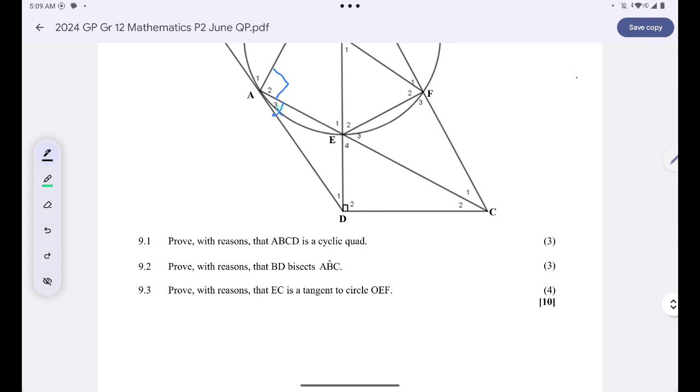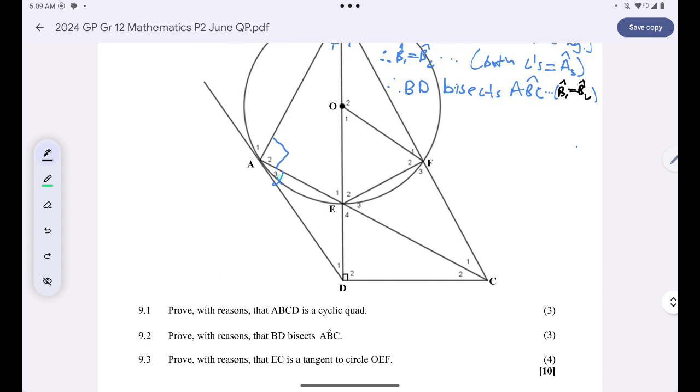Now prove with reasons that EC is a tangent to the circle OEF. Where is EC? This is EC, this line there.